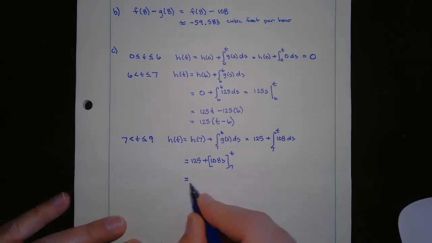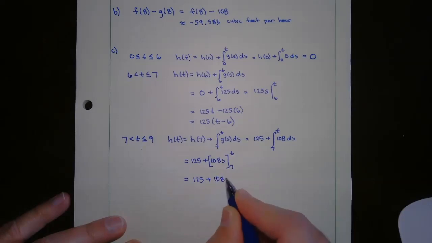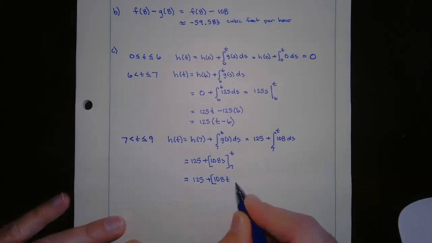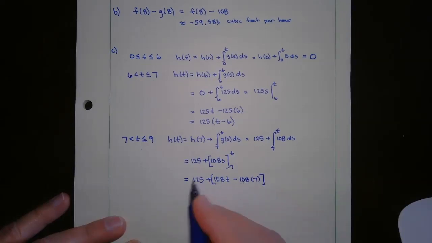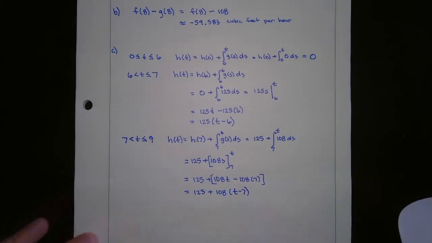So this would be 125 plus (108t minus 108 times 7). We can factor out 108, so this becomes 125 plus 108 times (t minus 7).